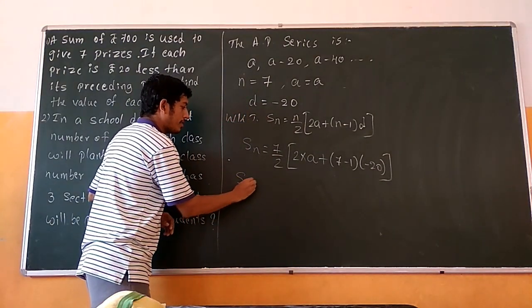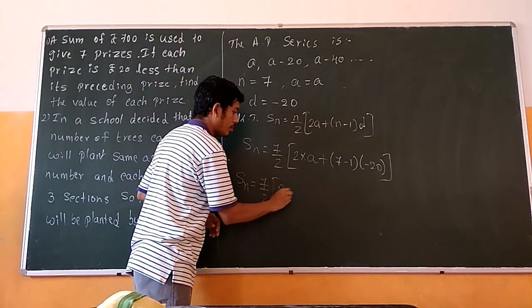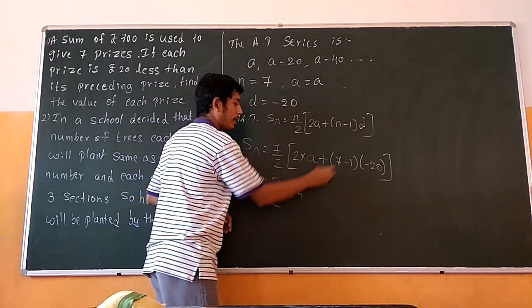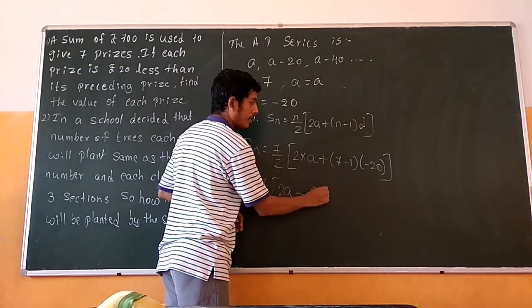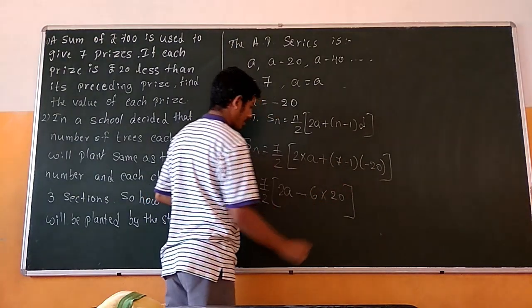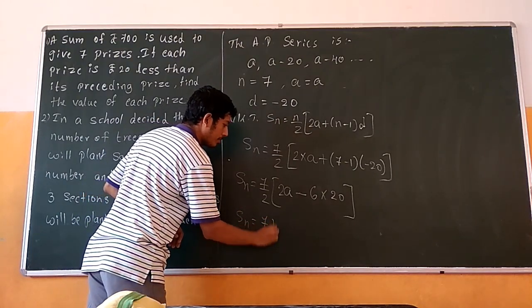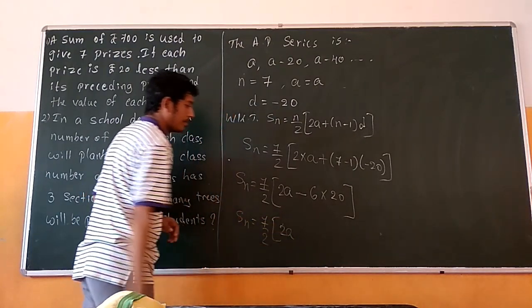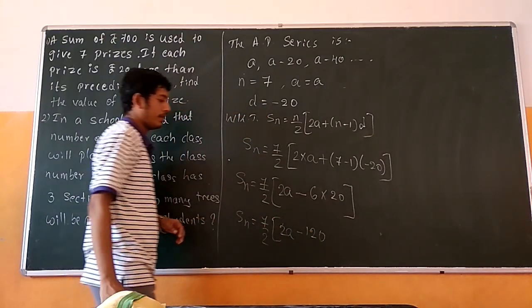So therefore Sn is equal to, I will keep this 7 by 2 as it is, 2A plus 7 minus 1, 6, into minus 20. So Sn is equal to 7 by 2, 2A, 6 twenties are 120.